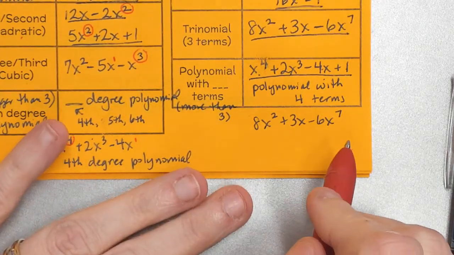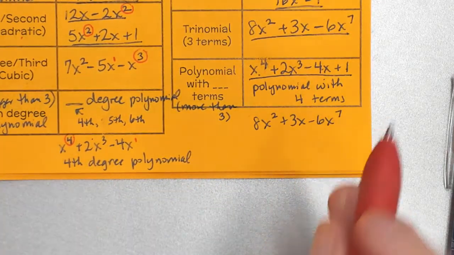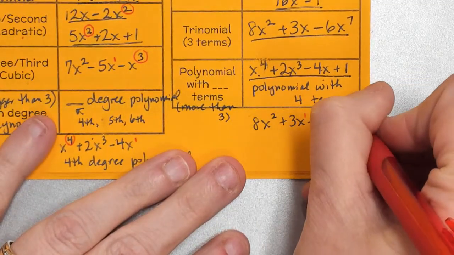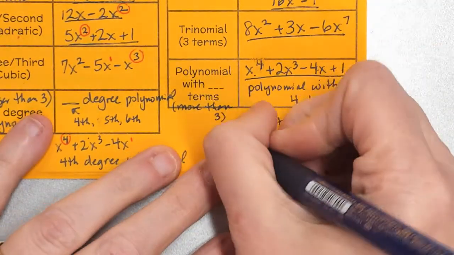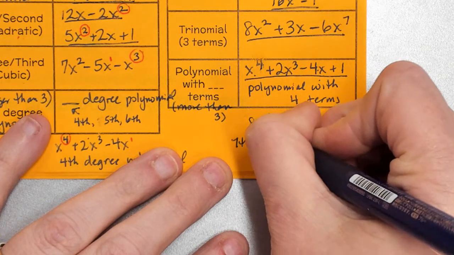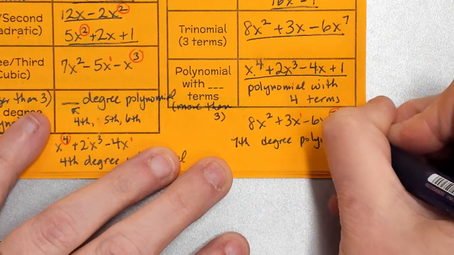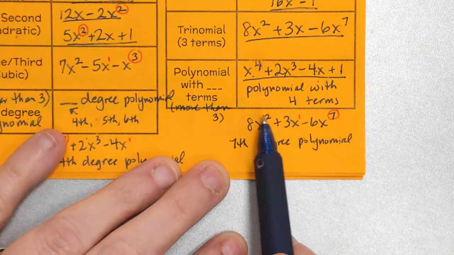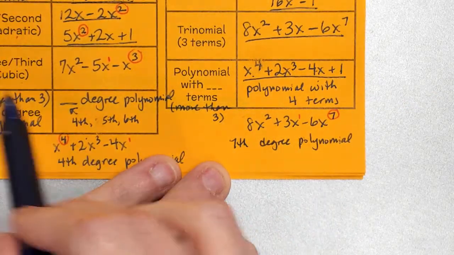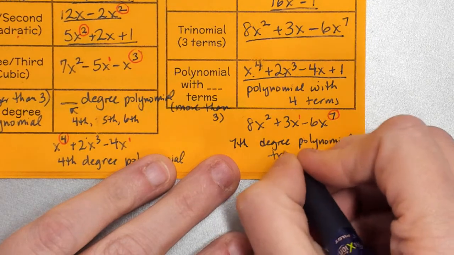If I look at the exponent, it's a 7th degree polynomial. Okay? And there's 1, 2, 3 terms, which makes it a trinomial.